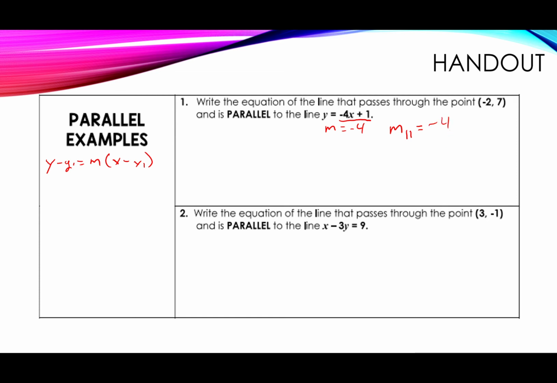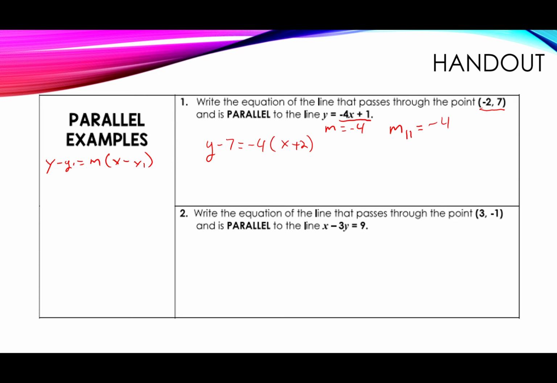All right, and I'm going to set up my point slope form. I'm going to use negative 2 and 7 for my x1 and y1. So this is going to be y minus 7 equals negative 4, parentheses, x minus a negative becomes plus 2.